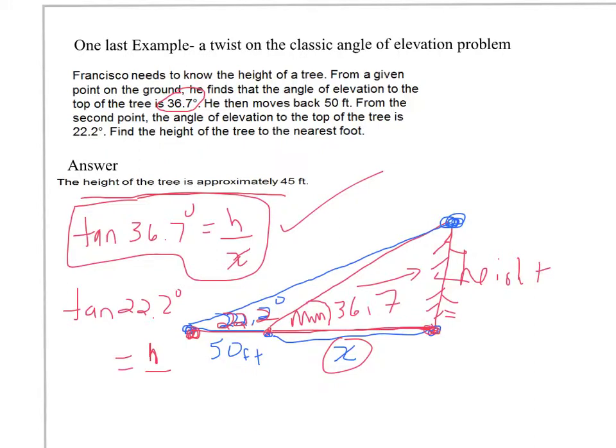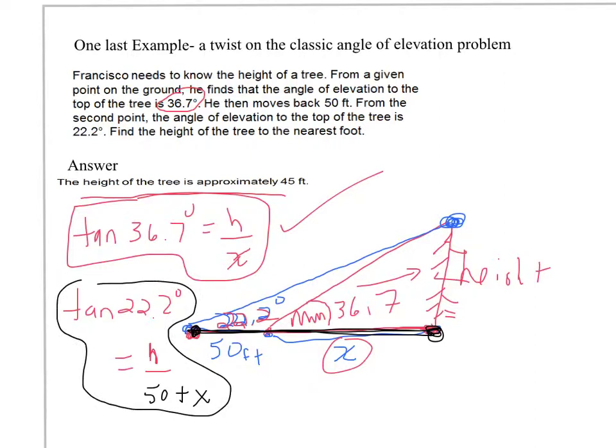And in fact, I'll highlight that in black: the height of the tree and the distance all the way from here to here. Well, that would be 50 plus x. So we know a little bit at that moment.